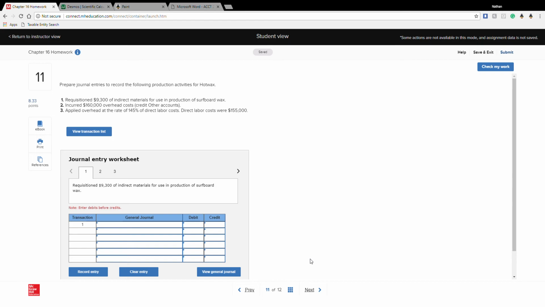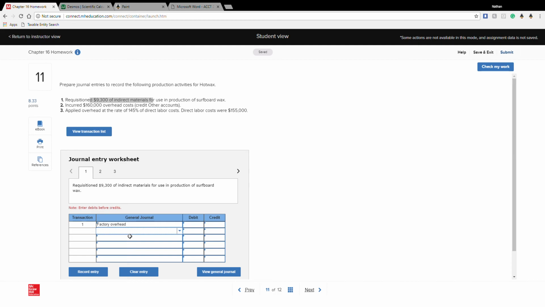Okay, so first off, we have 9,300 of indirect materials for production of surfboard wax. Yay! We like a company that's known as Hot Racks. Again, sometimes the most common sense companies are the best. So again, indirect, we know immediately it's factory overhead.